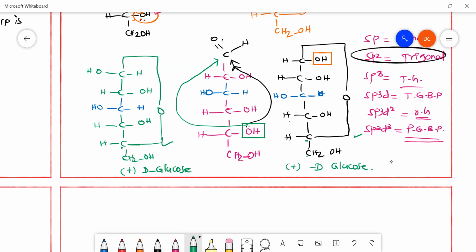What's the meaning of plus and minus? It is the optical activity given by plus and minus, right? If it is dextrorotatory, plane polarized light passed through it will be rotated towards the clockwise direction. Then it is called dextrorotatory. Plus D glucose is dextrorotatory. That is what is called plus.